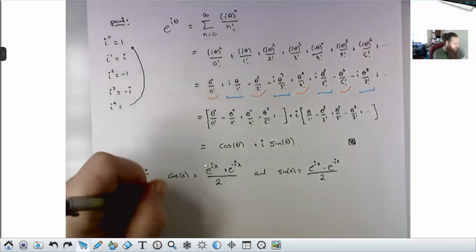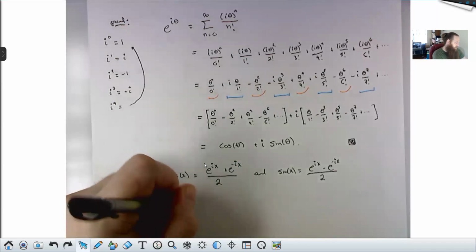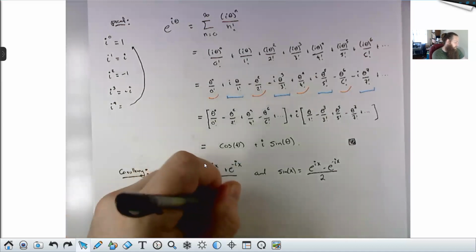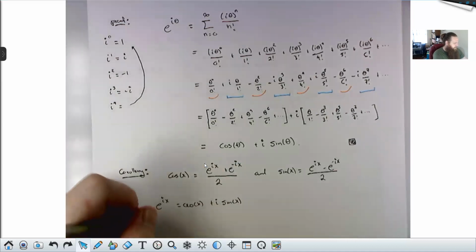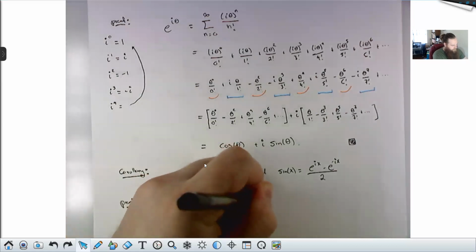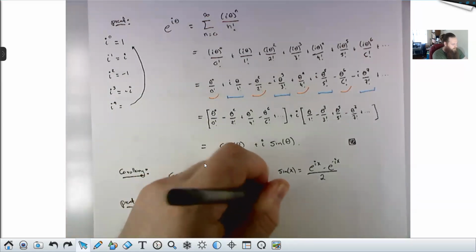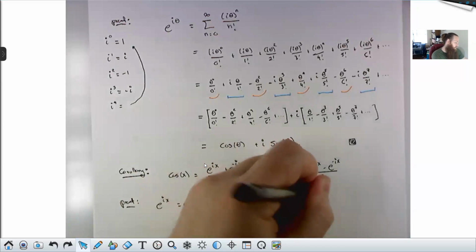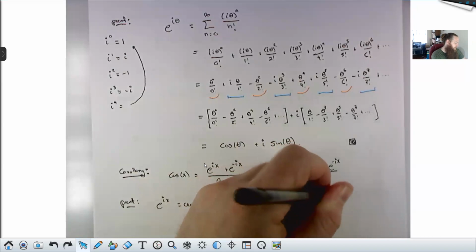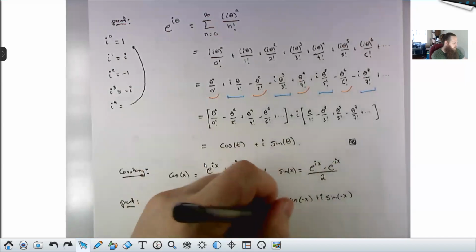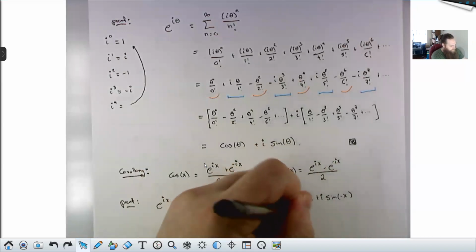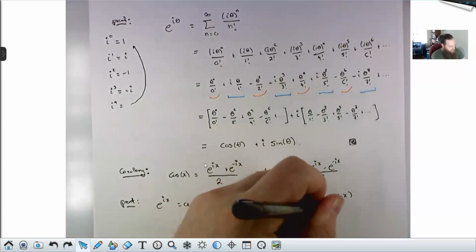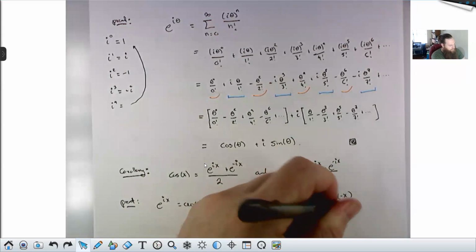So you know that e to the ix is cos x plus i times the sine of x, which means that e to the negative ix would be cos of negative x plus i sine of negative x. And then because cosine is even, this is cos x, and sine is odd, this is minus sine x.